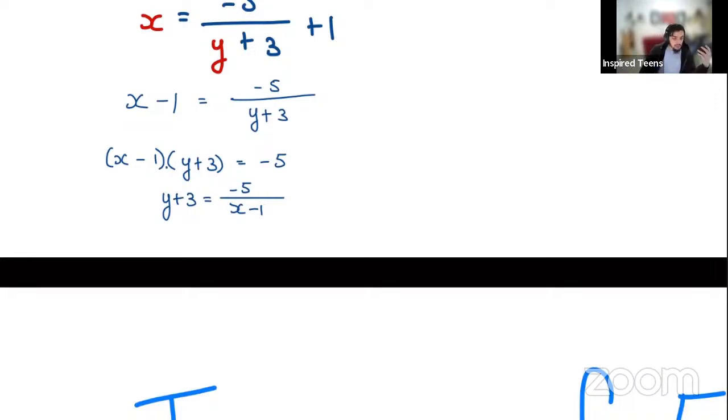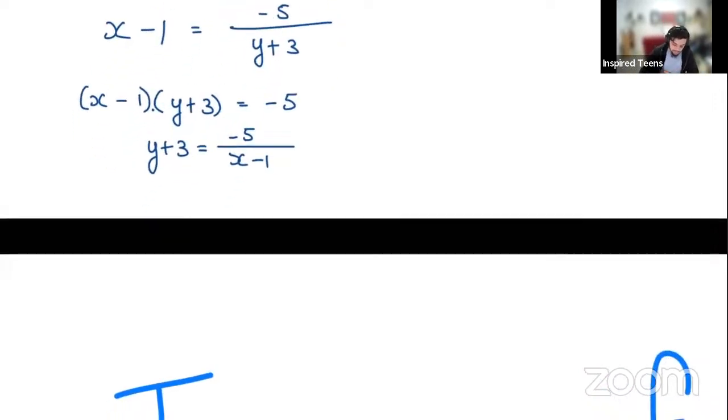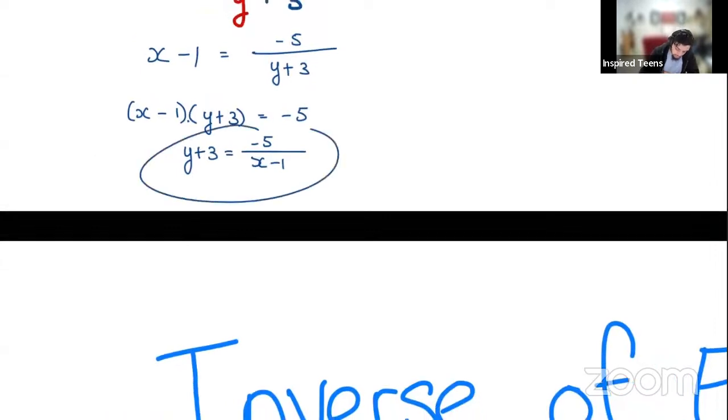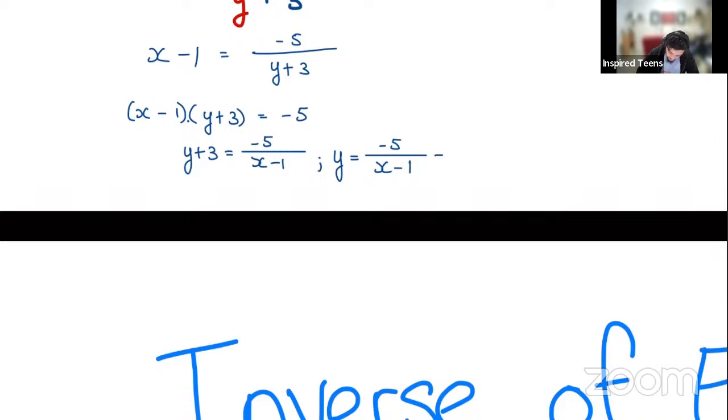And now I need to leave y alone. Of course, that's my objective. So I can take the 3 over to the other side, and I will have y is equal to this whole entire fraction, -5 over x minus 1, minus 3.